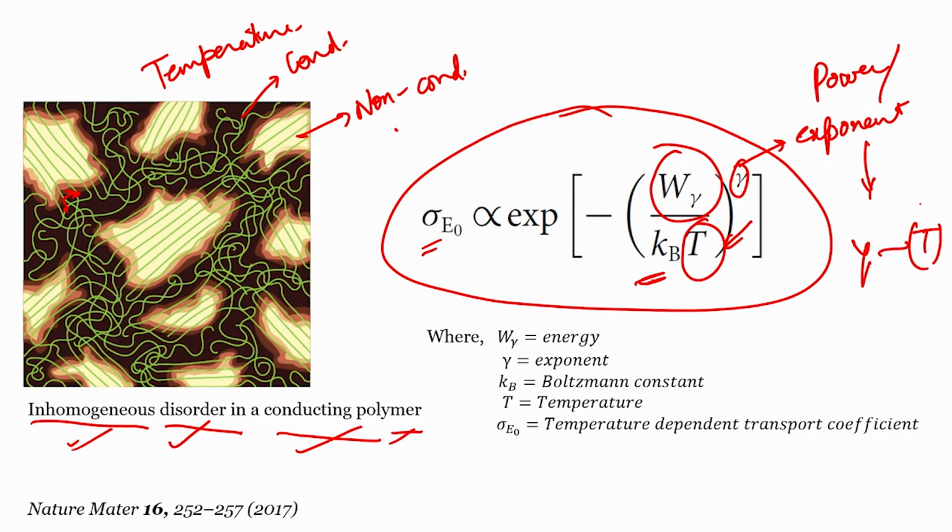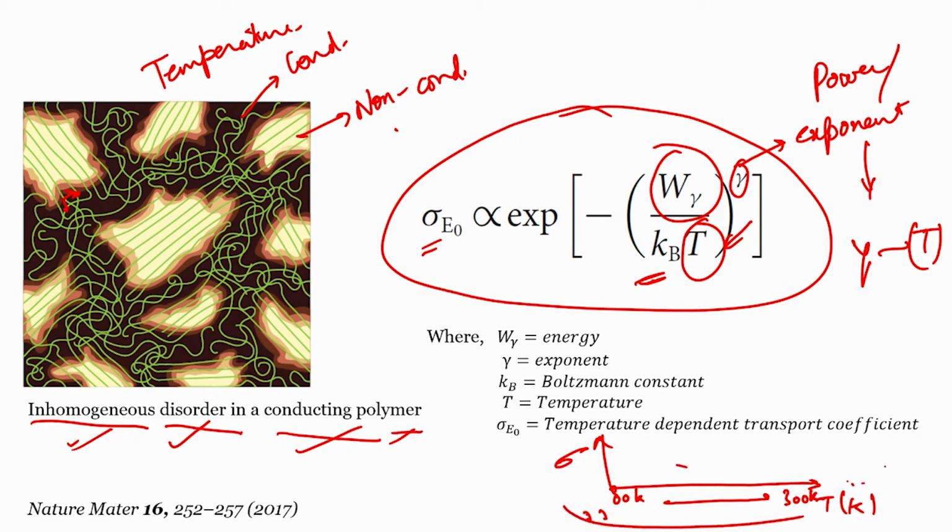And that's why whenever these studies are performed, they are scanned for different ranges of temperature. If you plot conductivity versus temperature, which is the general plot for these studies, they generally go to low temperature. By low temperature I mean they will go to 80 Kelvin or 77 Kelvin, and from there they will go to room temperature. Some studies also go to high temperature, but the majority go to lower temperature.